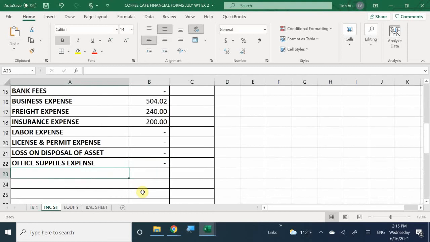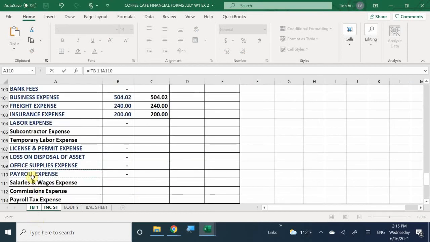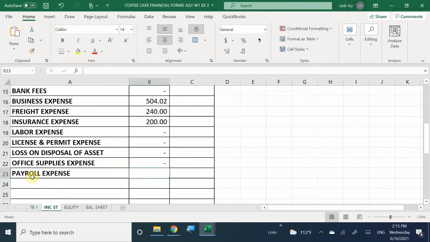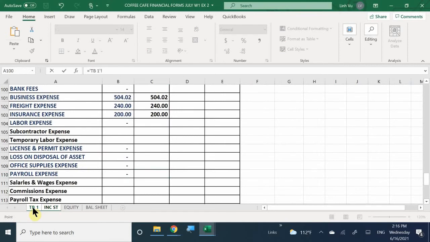What's after that? You said payroll. Yes. We haven't calculated payroll yet because it's not payday yet. We were very close, but I didn't get that far. So payroll is for 0.